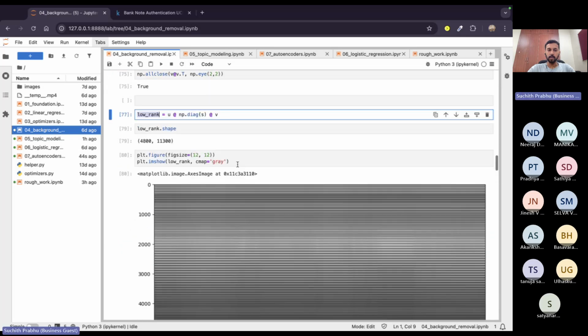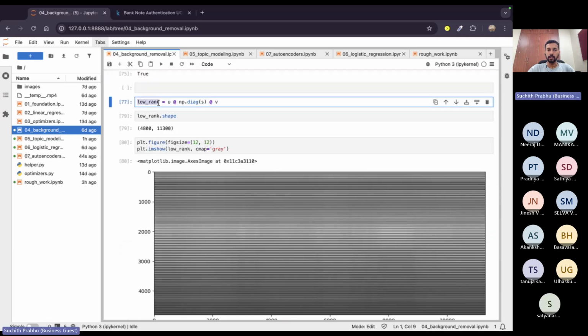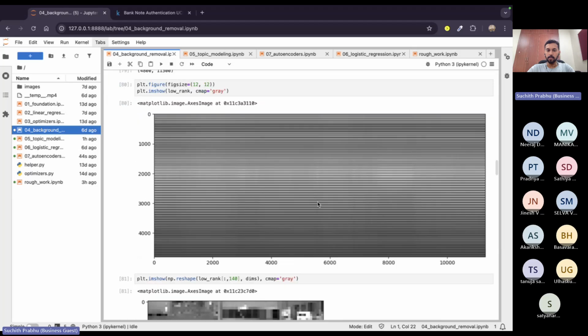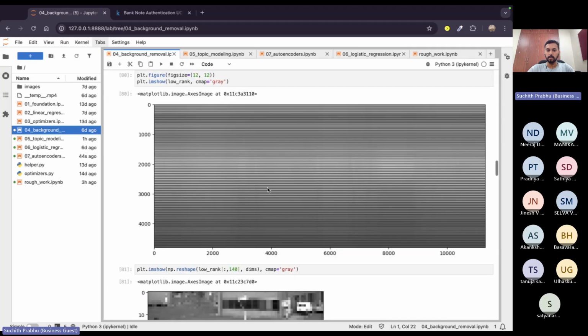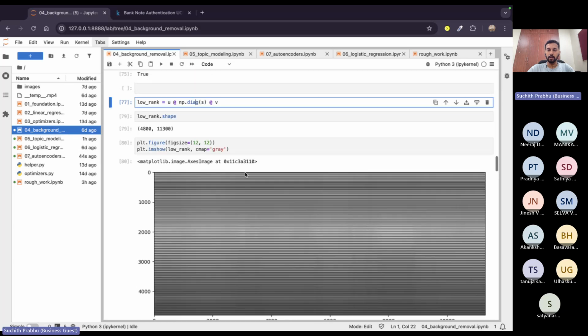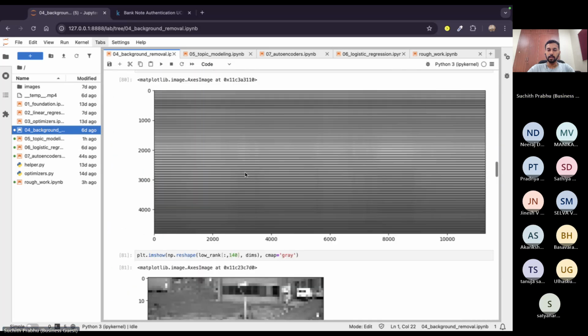So we reconstruct this again after SVD, just keeping the top singular values. And then we see that those patches are not present here. So we have removed all the people that were present.